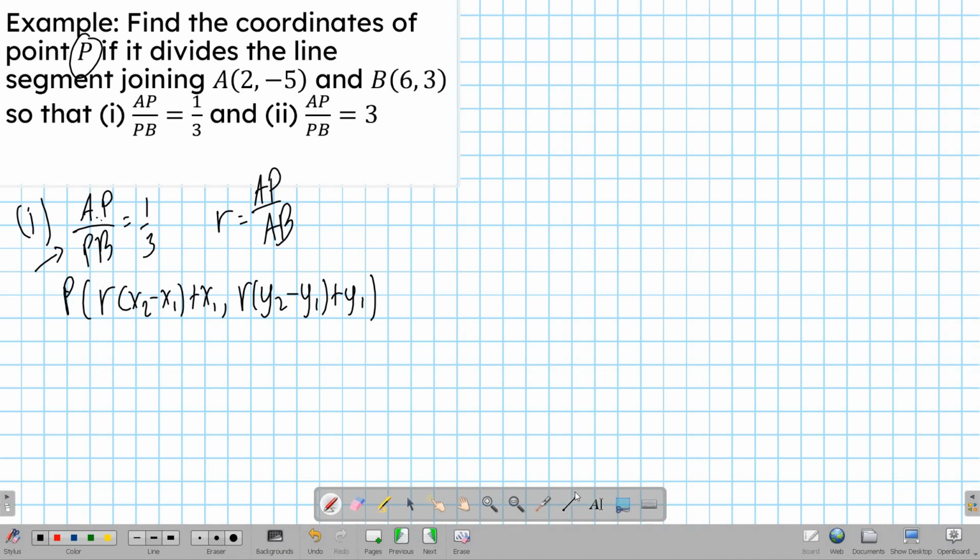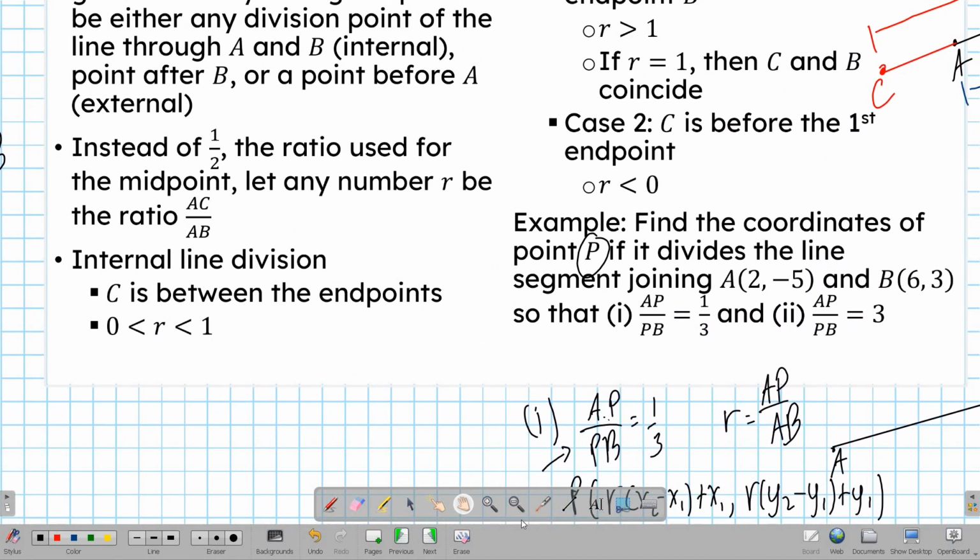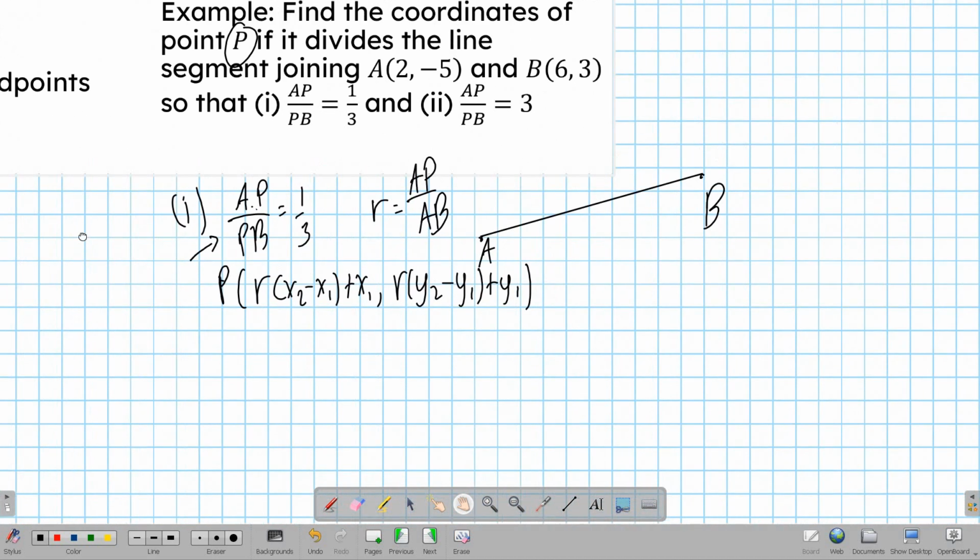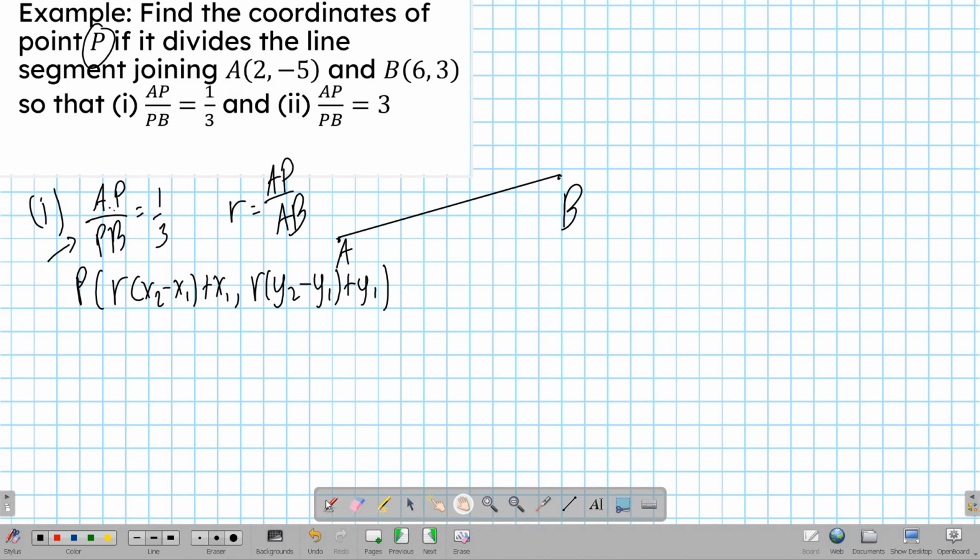How so? Let's roughly sketch: A, B. Now, let's go back to here. Case 1, internal line division. C is between the endpoints and R is between 0 and 1. So, in short, these are our proper fractions. Going back here, since this is 1/3, it looks like a proper fraction.